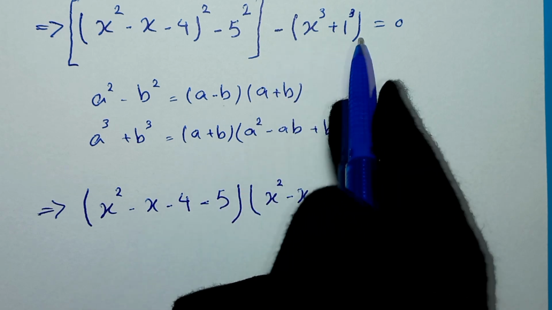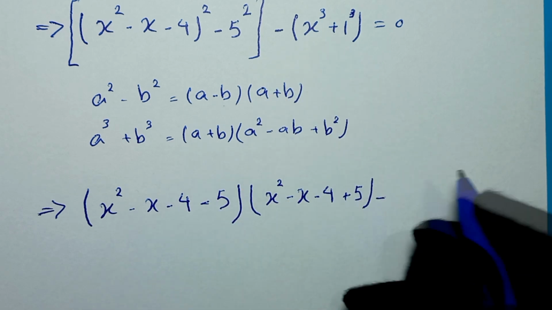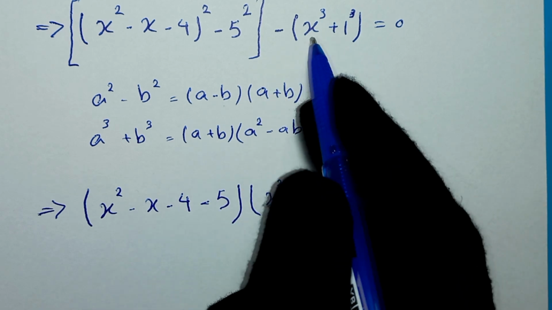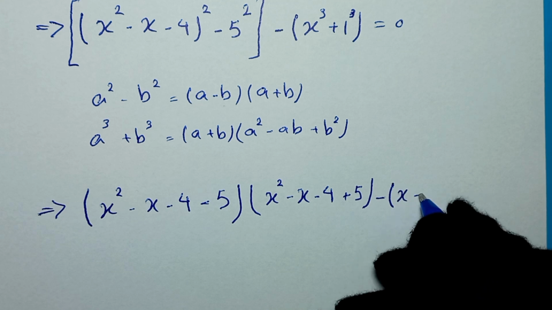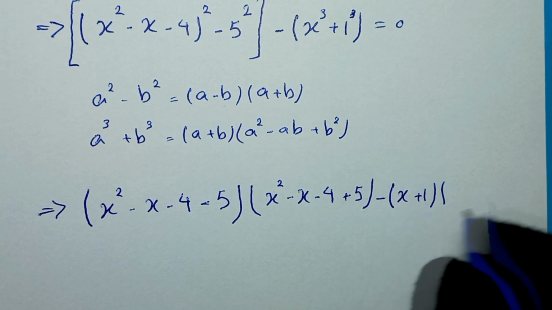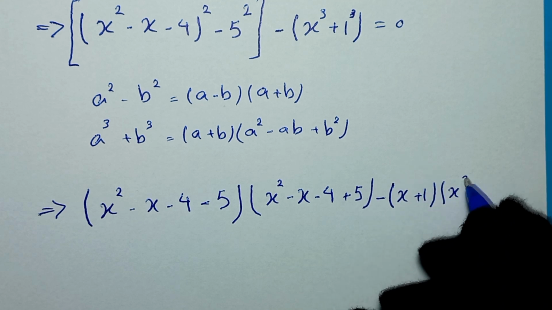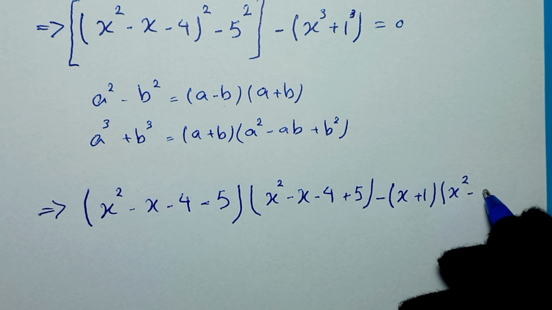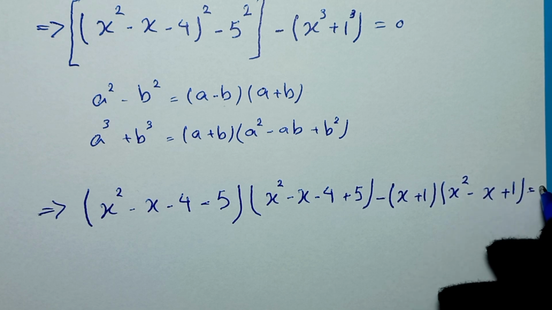And for this part, it will be x plus 1 times x squared minus x plus 1 is equal to 0.